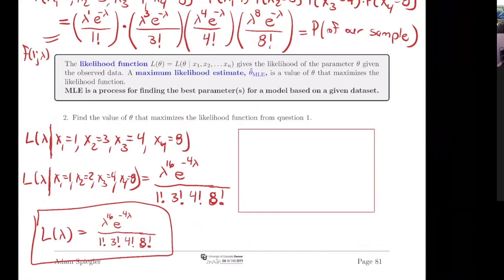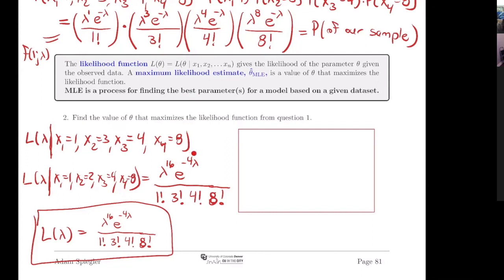So just to connect these ideas, we assume that this is coming from a Poisson distribution with undetermined parameter lambda. So we want to figure out what lambda is. Regardless of what lambda is, this formula over here tells us, if we pick this data from a Poisson distribution, this would be the probability of getting 1, 3, 4, and 8.